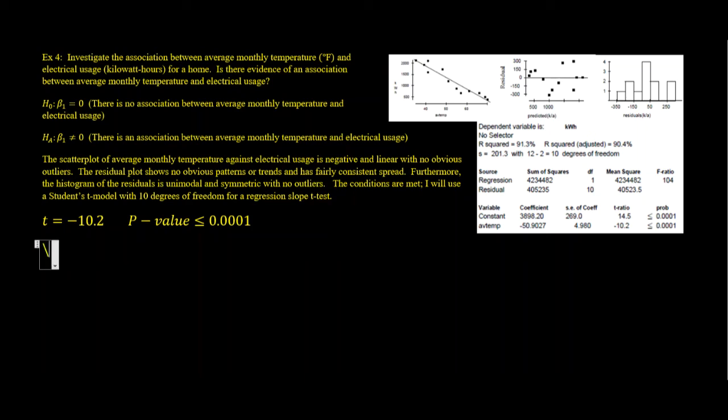And we have a model of kilowatt hours hat equals 3,898.20 minus 50.9027 times the average temp. We get all that data again from the computer printout there.